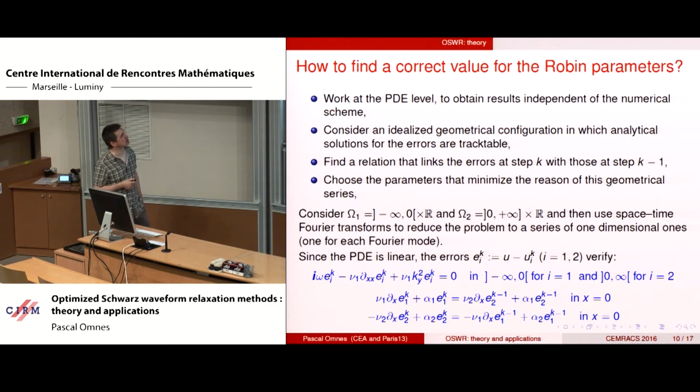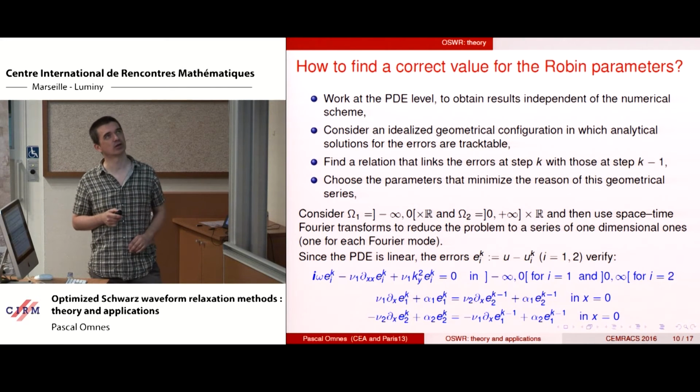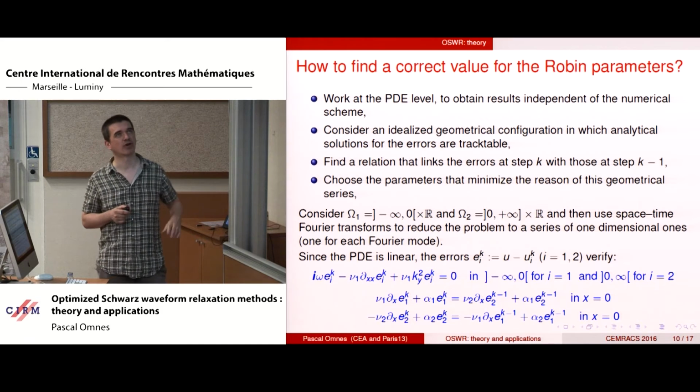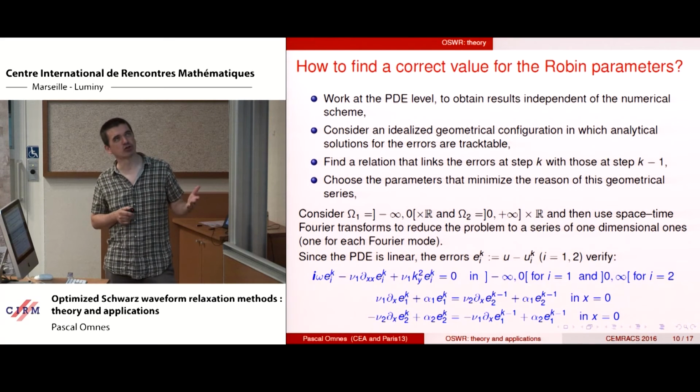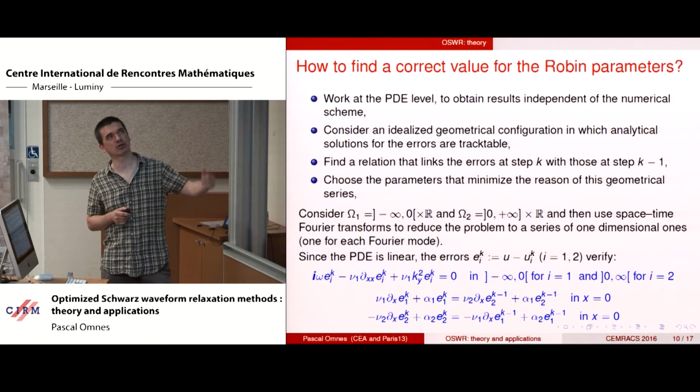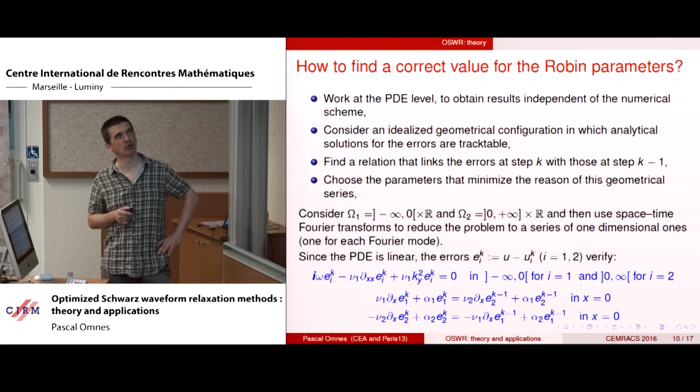So the idea first is to work at the PDE level, because in practice, everything depends on your numerical scheme, but you don't want to do the analysis each time that you change your numerical scheme. So we work at the PDE level, and we consider some idealized geometrical configuration in which you will be able to find analytical solutions for the errors between the solution in your subdomain at step k minus the restriction of your monodomain solution.